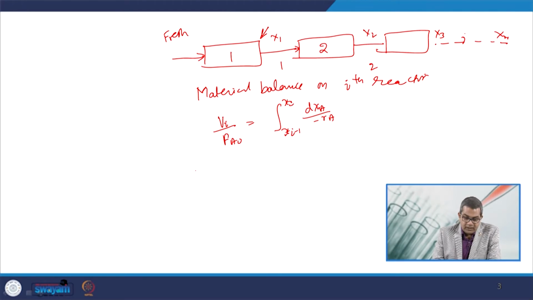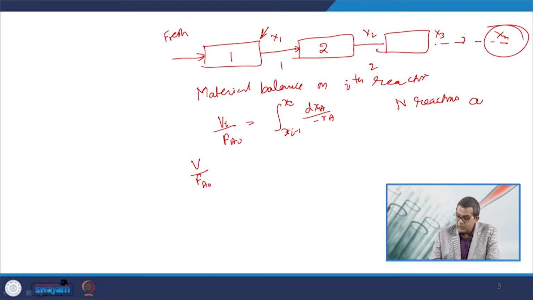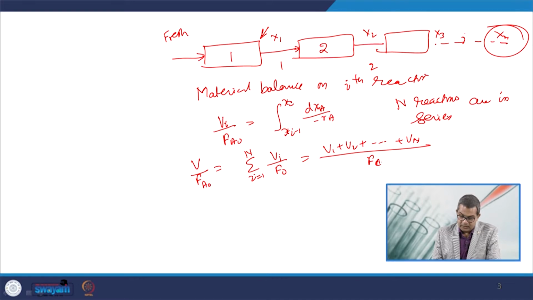Now, if there are n reactors in series, as we can see over here, then it can be represented as follows. Let us write this: n reactors are in series. So, you can see this is V1 plus V2 plus and so on plus Vn upon FA naught.